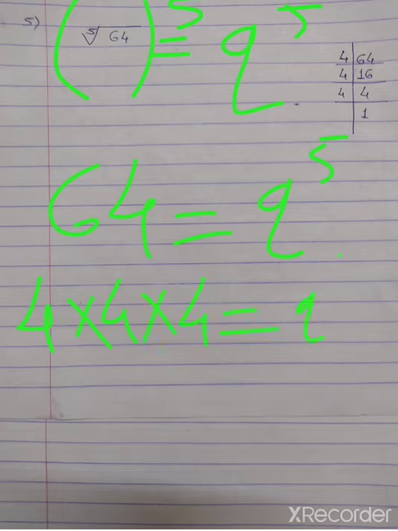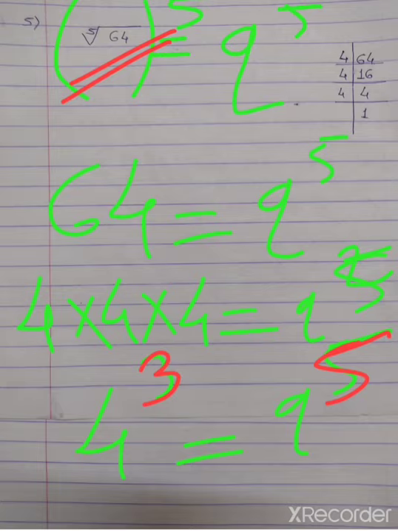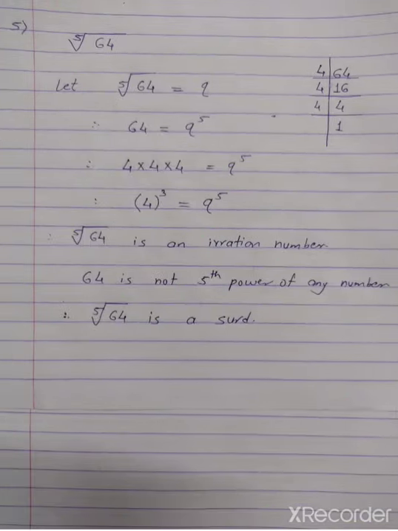So we can write this as 4 cube is equal to q raised to 5. So on both sides these powers are not the same. So here we will not get the fifth root of 64, because 64 is not a fifth power of any number.